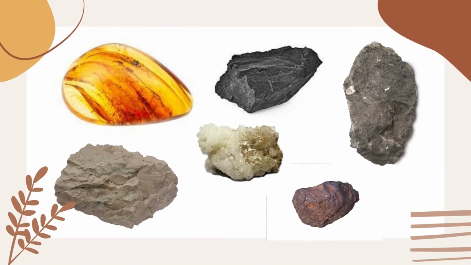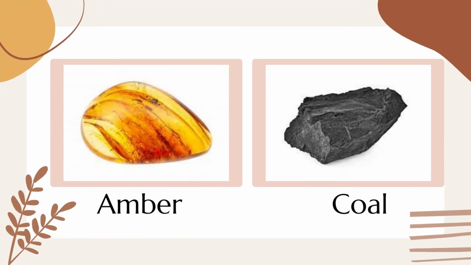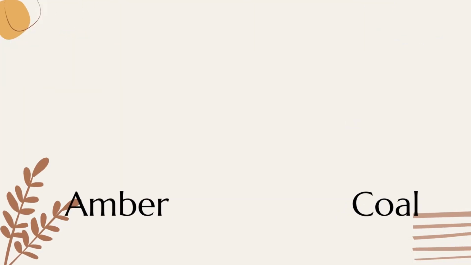There are a number of other important types of sedimentary rocks. These include amber, coal, phosphorite, chert, evaporite, and ironstone, among others. Although all of these rocks are non-clastic, they form under very different circumstances. Amber and coal only form in the presence of life, in environments where plants provide biogenic materials.